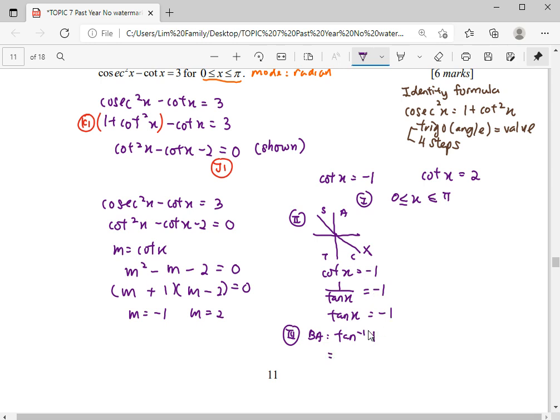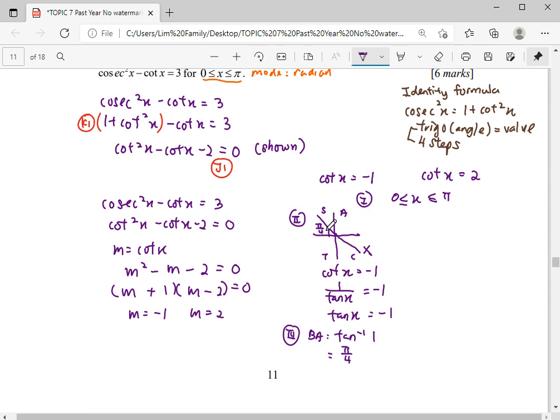So for the basic angle, set your calculator in radian mode. When you press shift tangent 1, you will get your basic angle is pi over 4, which means pi over 4 is here.